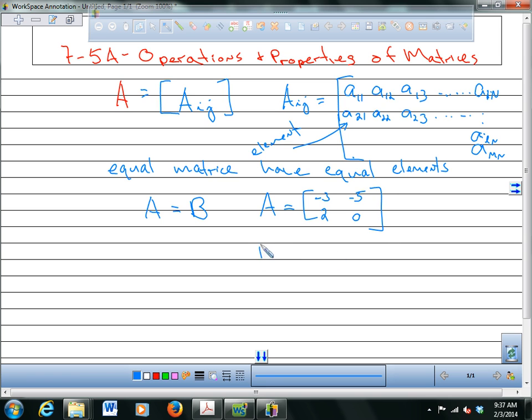And then you have matrix B, and you have entries B sub 1,1, B sub 1,2, B sub 2,1, and B sub 2,2, okay? Then B sub 2,1 would have to be equal to 2. So all it says is, if matrices are equal, then this element in this matrix has to equal that element in that matrix, okay? Not too complicated.